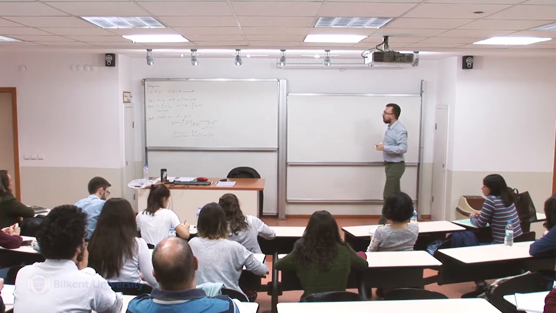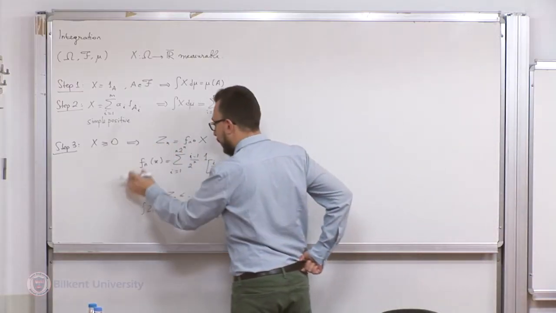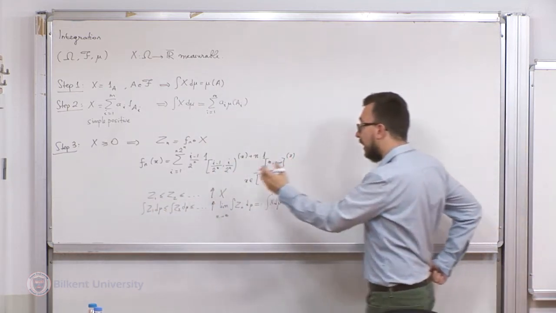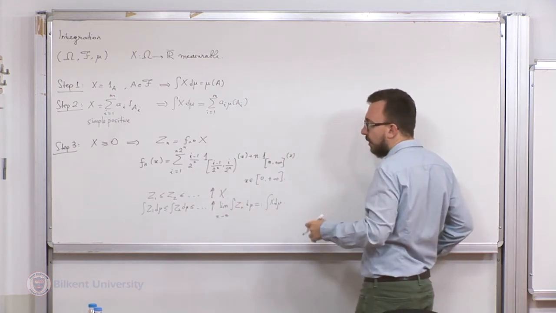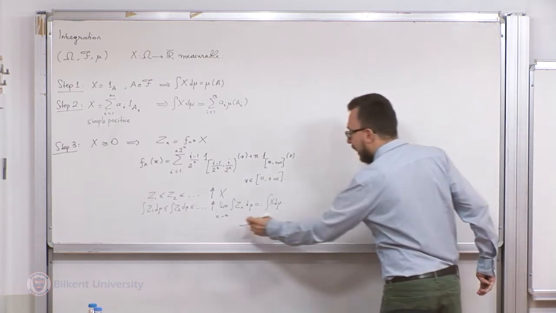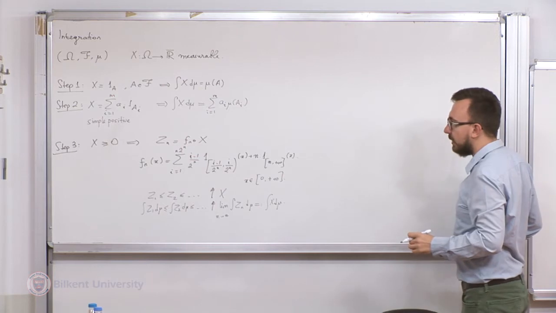So you can replace those z_n's, the standard sequence, with an arbitrary sequence of functions increasing to x. By the monotone convergence theorem, you will always get, as the limit of the integrals, the integral of x.